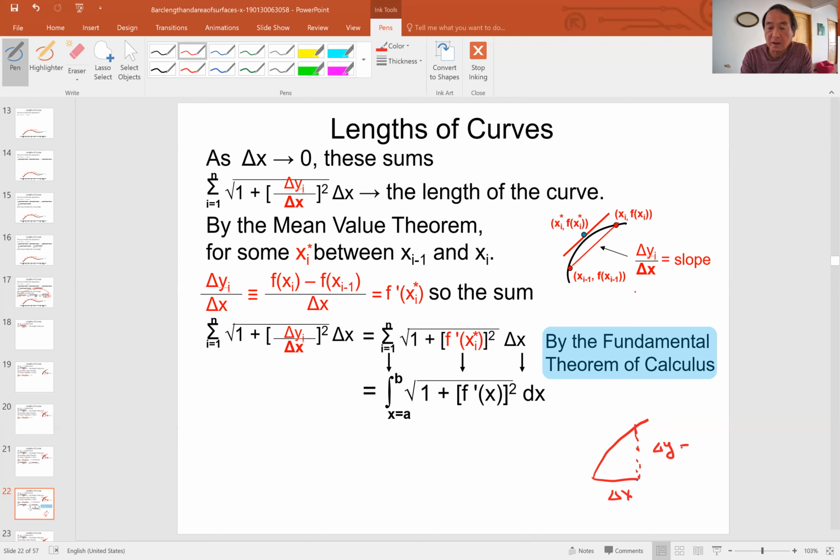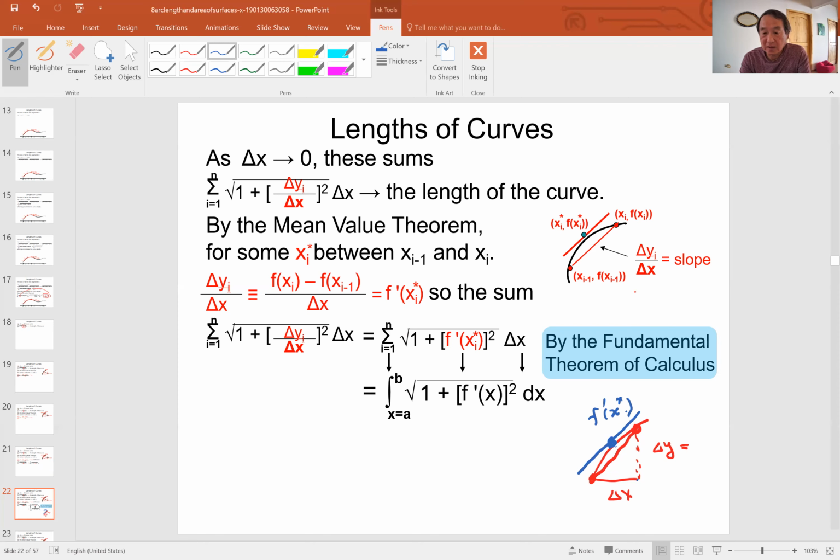We're going to calculate the straight line distance using delta x and delta y. This is f of x, and at a middle point, which we call x star, I can take the slope f prime at x star as the approximate slope of this red line.